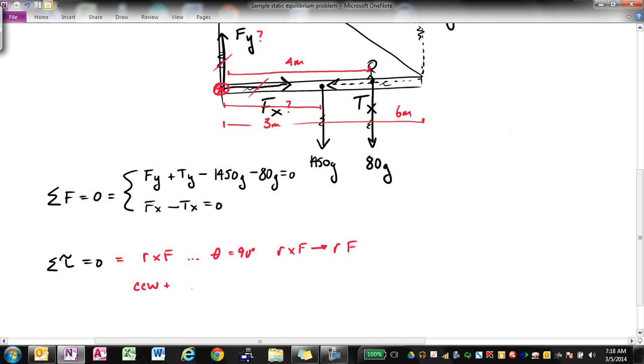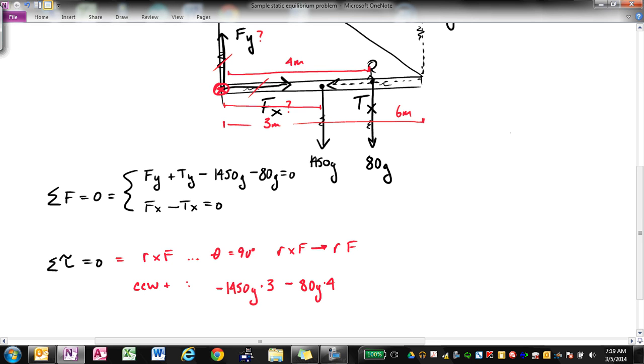And so what I have is the beam would cause a clockwise rotation, so negative 1450 g times the radius of that force, which we decided was at 3 meters, minus the torque from the guy sitting on the beam. So that's minus 80 g times the radius of that guy.